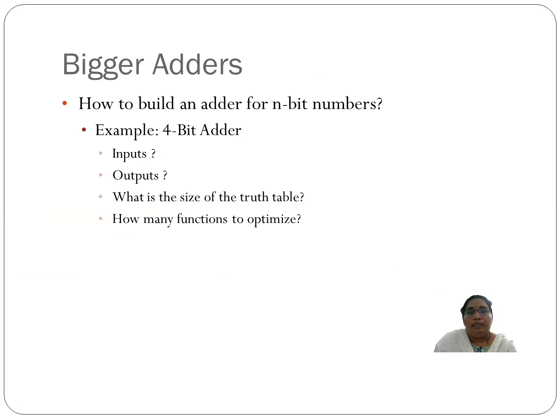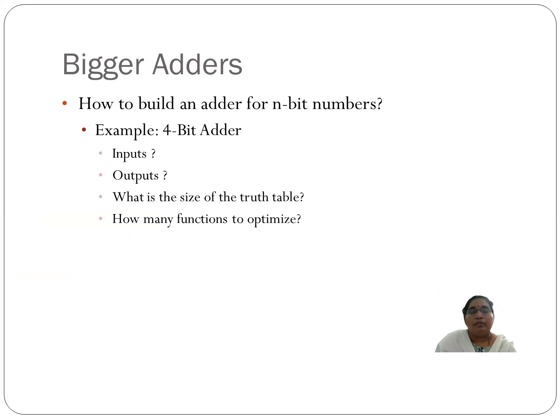Now, how to build an adder for n-bit addition? Suppose we want to add two n-bit numbers. How to achieve that? We can do it by using full adders. As an example, we are taking a 4-bit adder here.